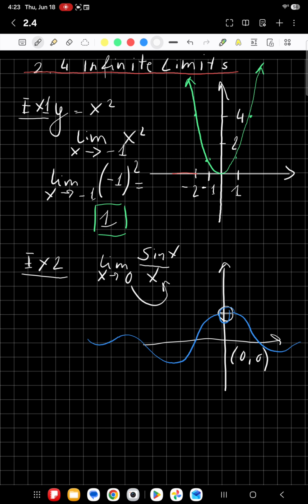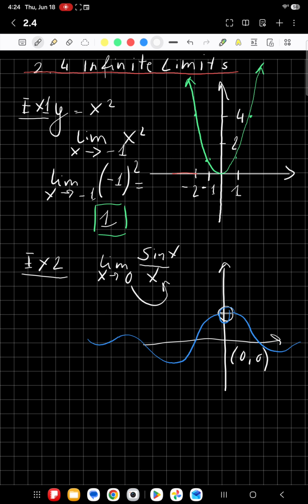So I'm plugging in numbers, like 0.01 on the right, and on the left, negative 0.01.